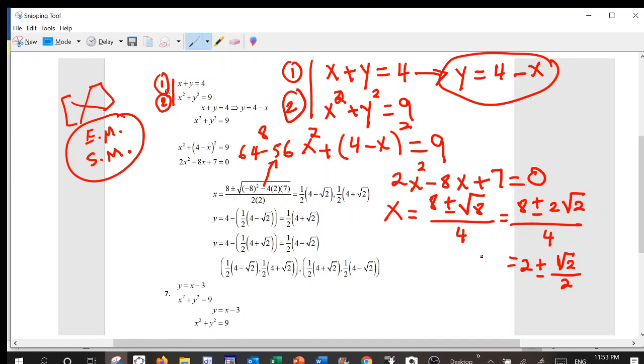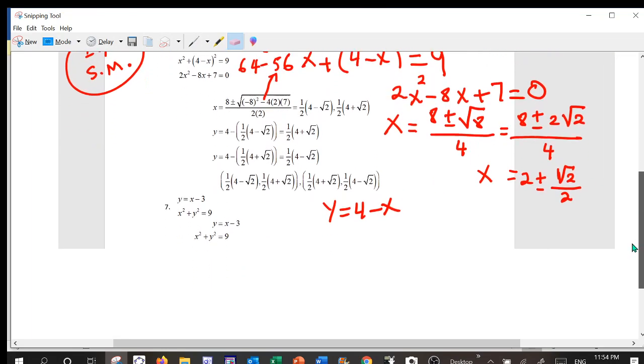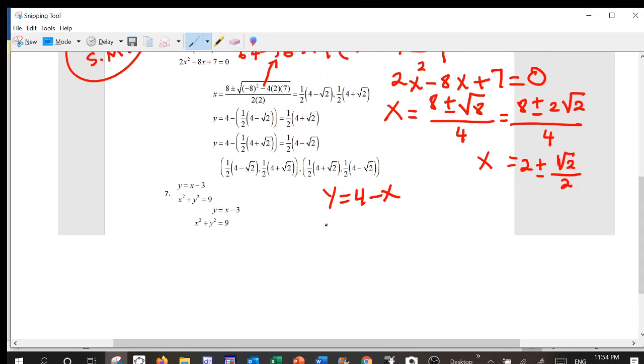Now, x equals two numbers. So we're going to come back over here and say, okay, we know that y equals what? 4 minus x. So if that's the case, then when x equals 2 plus square root of 2 over 2, y is going to be 4 minus 2 plus square root of 2 over 2.